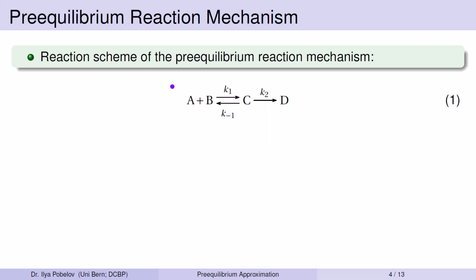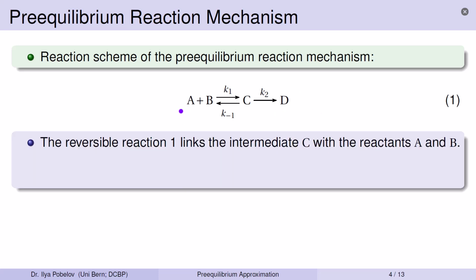Consider a reaction mechanism where an intermediate C reaches equilibrium with reactants A and B before a further reaction. It is depicted in the following reaction scheme.